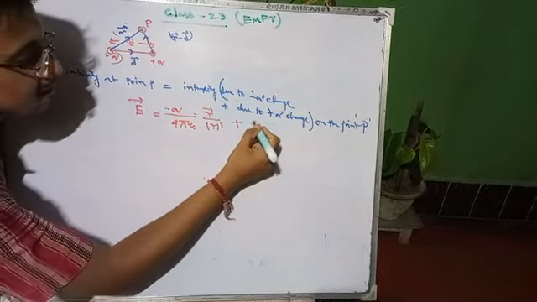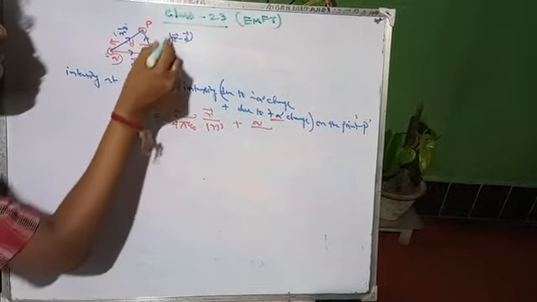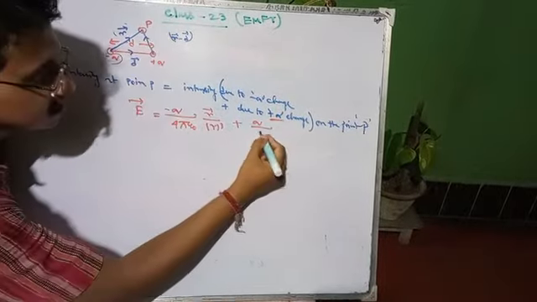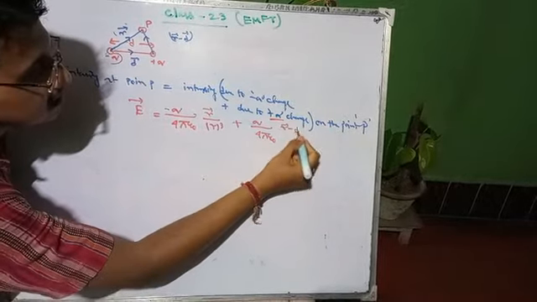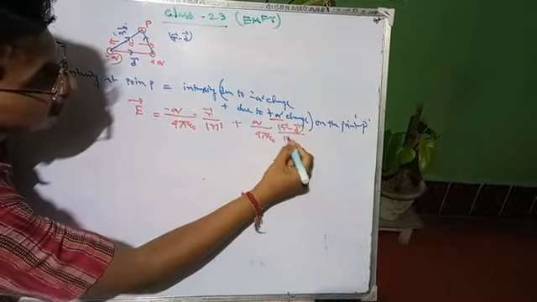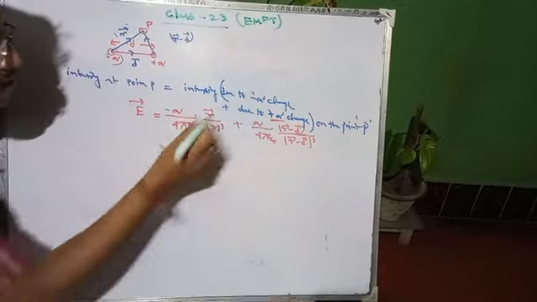And for the plus q, it will be r vector minus d vector. So q by 4 pi epsilon naught times r vector minus d vector divided by mod of r vector minus d vector whole cube. So this will be your answer.